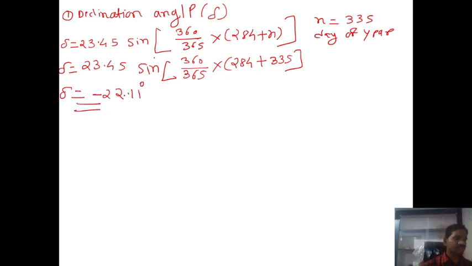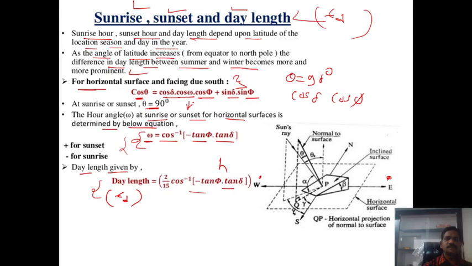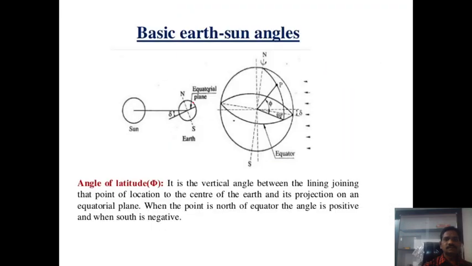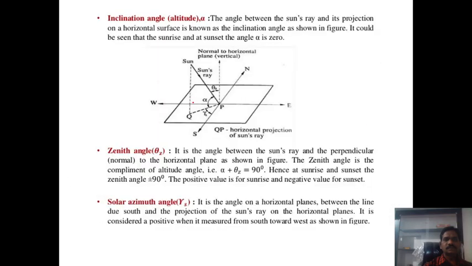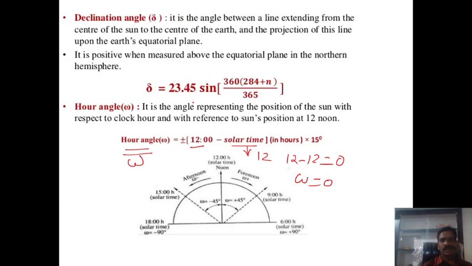Then the second parameter we have to determine is the hour angle. What is the symbol of the hour angle, guys? It is omega. So how can you determine omega? What is the standard formula? We know this formula, right?